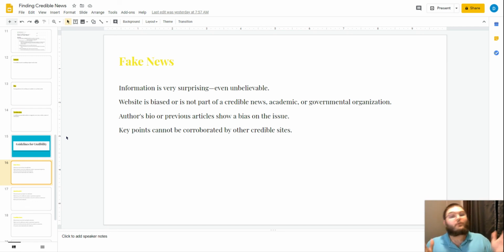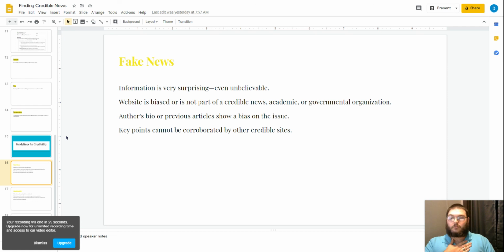Another option is that the website is biased, such as a website that was only about ice cream and only about chocolate ice cream, then you know that it would be biased. Authors' bios, you look at those. If someone has only ever written about how awesome chocolate is, then they have a clear bias towards chocolate. And then the key points not being on any other sites.